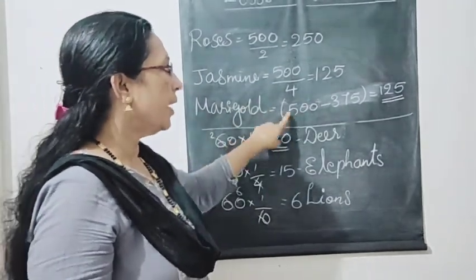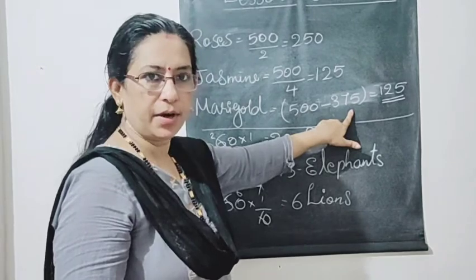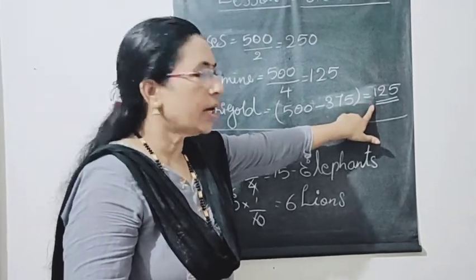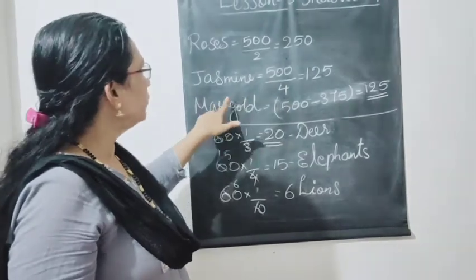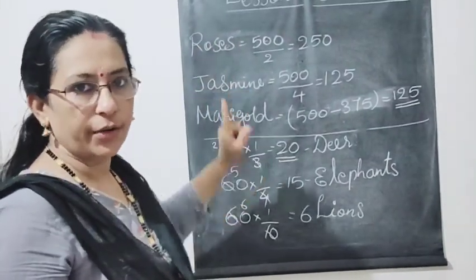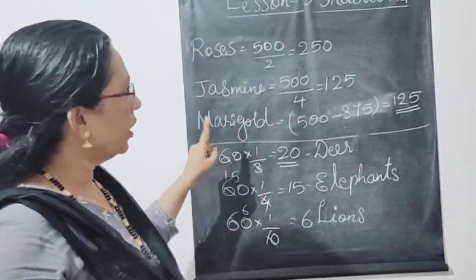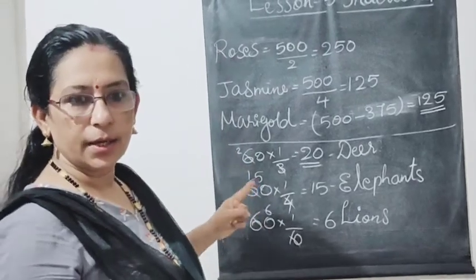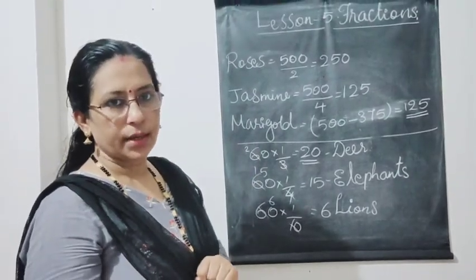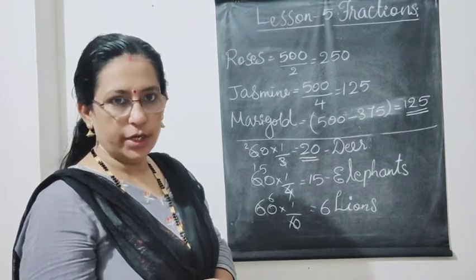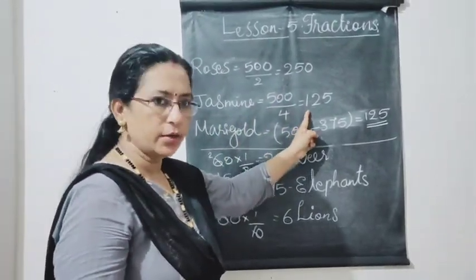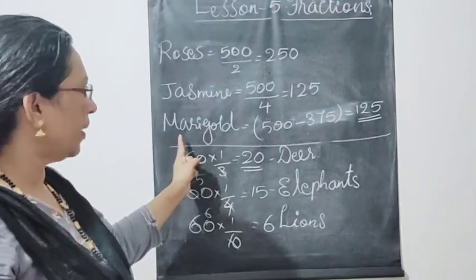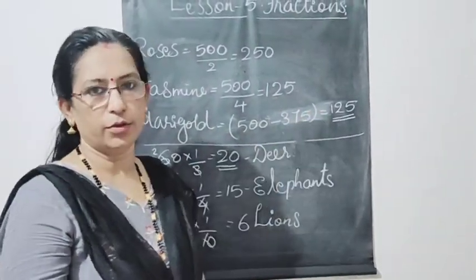That means 500 minus 375, that is 125, which is 1/4 of the total 500. Okay, you can write the answer in the blank space of your textbook. Roses are 250, jasmine 125 and the remaining flowers, marigold, is equal to 125.